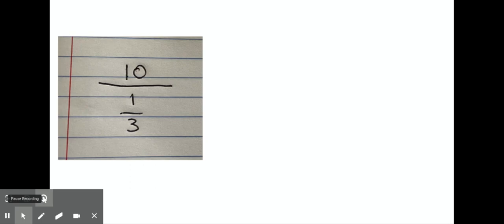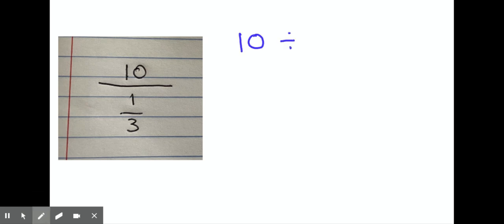Example 2, 10 divided by 1/3. So I'm going to write out the problem as 10 divided by 1/3. And I have a whole number as 10, so I'm going to write my whole number over 1.